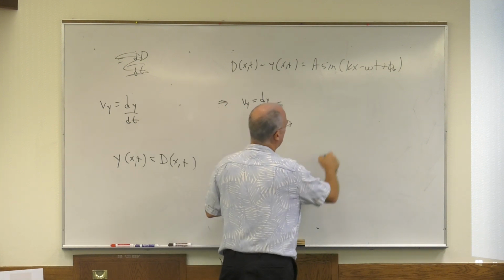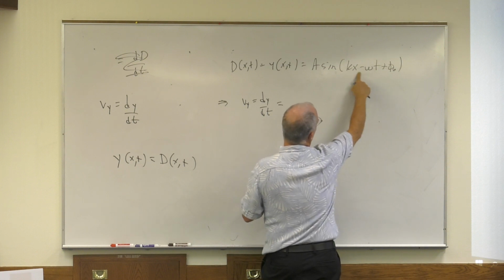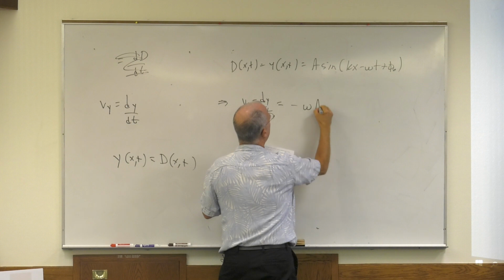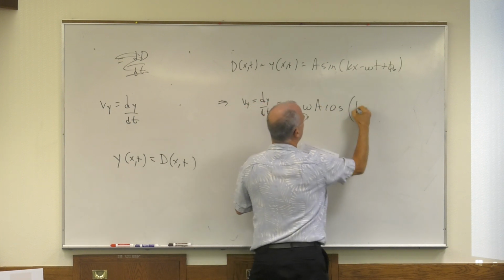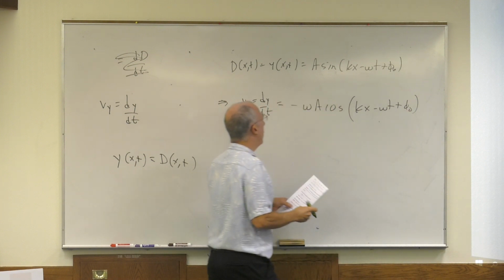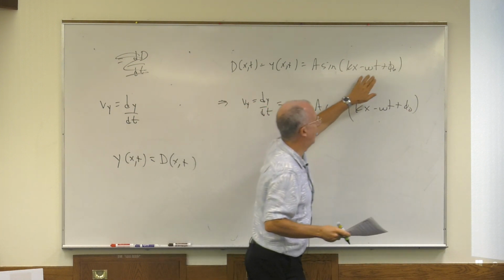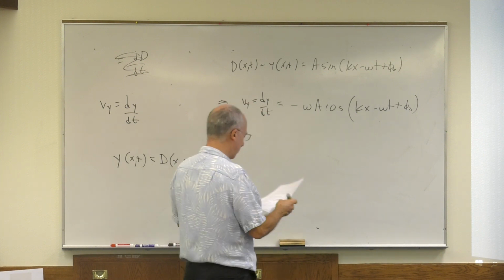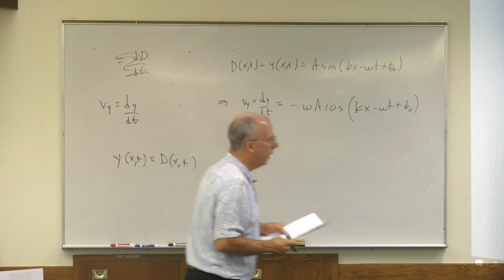But here you use a chain rule, you get a minus omega in front of it. So you get minus omega A cos(kx minus omega t plus phi 0). I know some people forgot how to take a derivative. You better not forget how to take derivatives, all right? Don't forget your chain rule. Okay, so there it is.